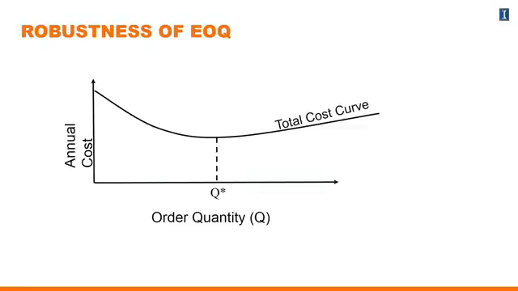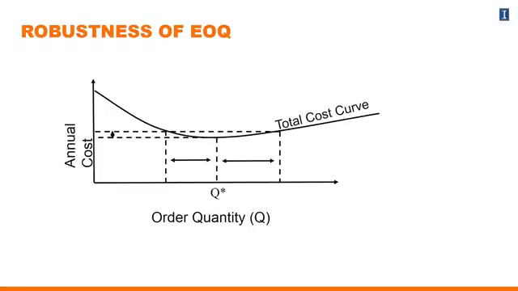The other thing about the EOQ is that you can see that the total cost curve is pretty flat at the optimal point. At the point at which the total cost is at its minimum at Q star, the total cost curve is pretty flat. What do we mean by that? If you move to the left or to the right of Q star, even by a substantial amount, the annual cost doesn't go much higher than the lowest cost.